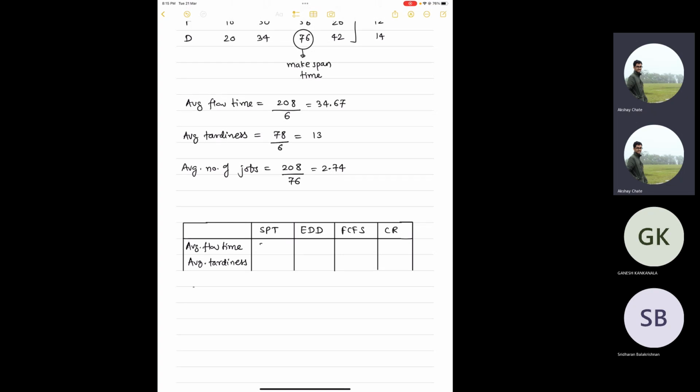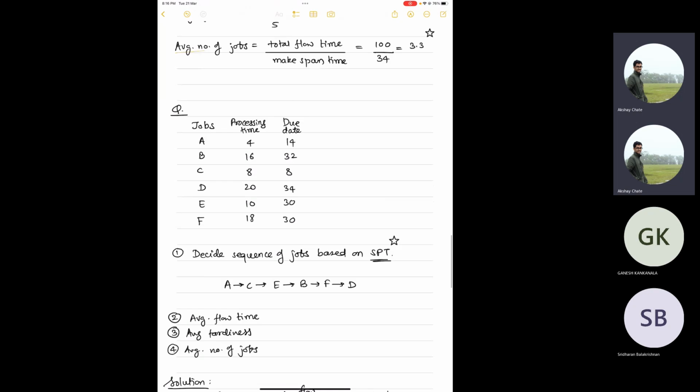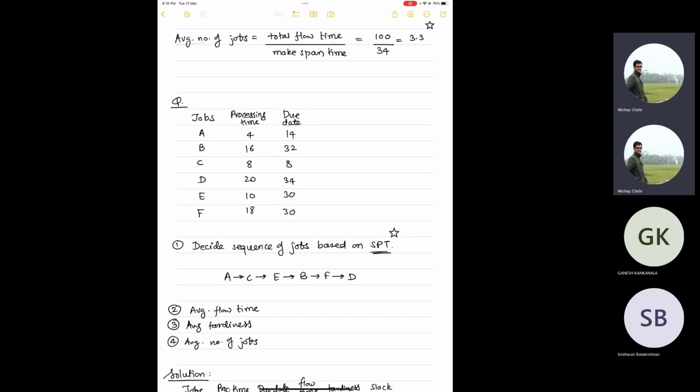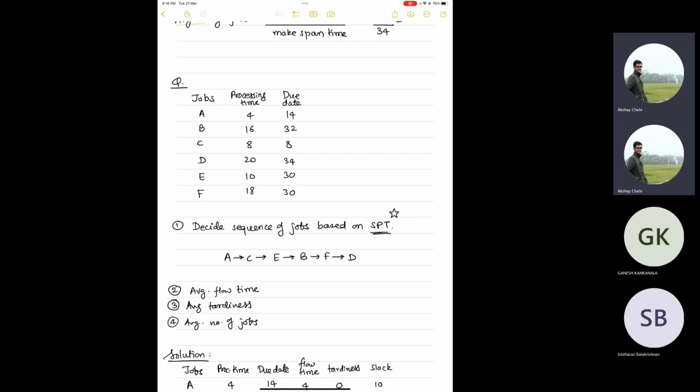So in SPT, we got average flow time of 34.67 and average tardiness of 13. That is one thing. And let's do some calculation, let's say using FCFS. Since the table is ready here only, I'll quickly do the calculation.